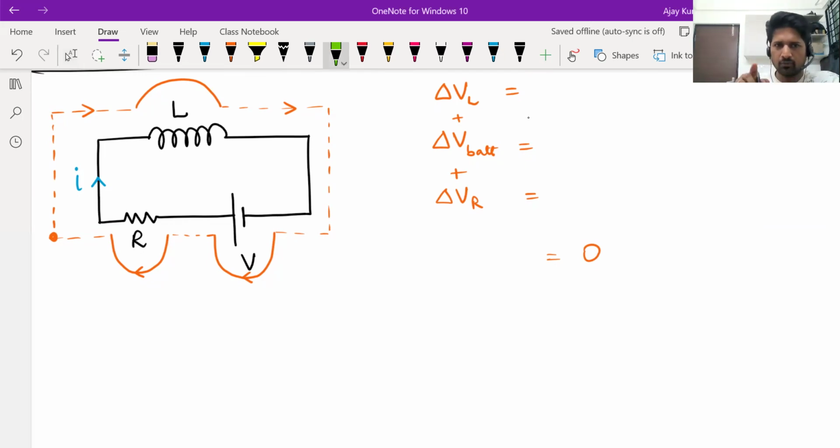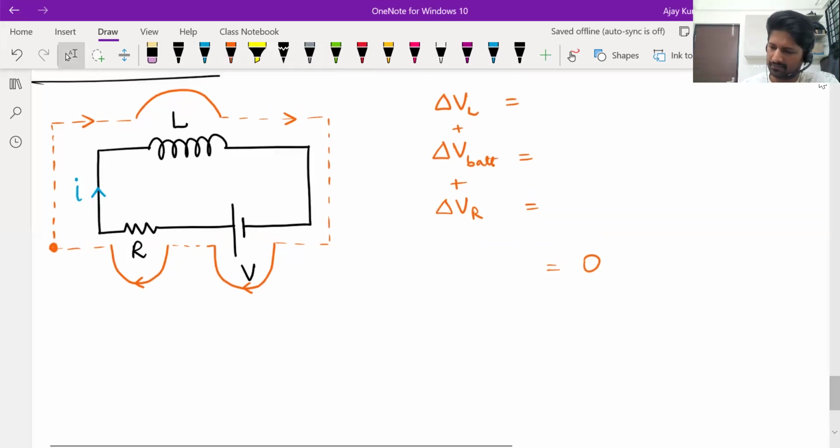The way you are moving across the inductor is already told to you. You have to go from this side to this side. If you are moving that way across the inductor, are you moving in the same direction as current flow or opposite to it? Same direction, sir. Same direction as current flow.